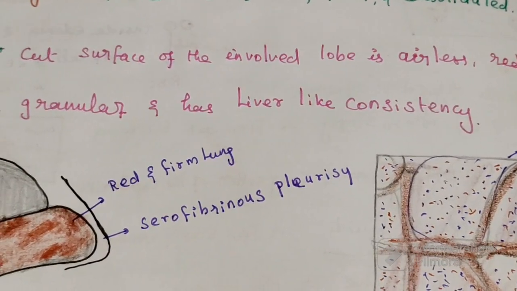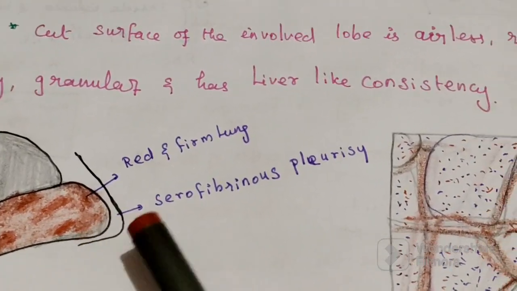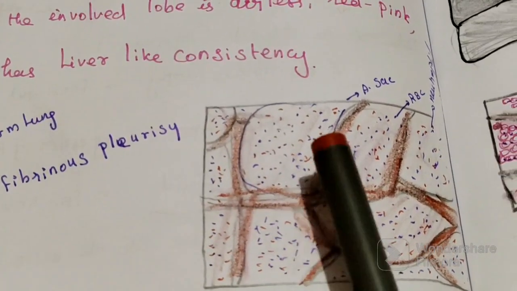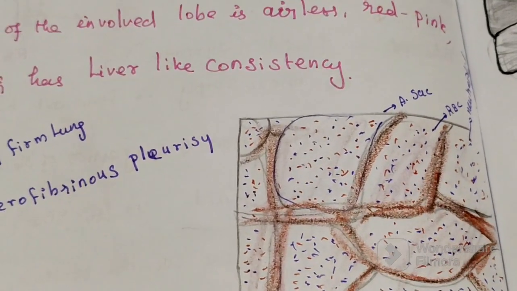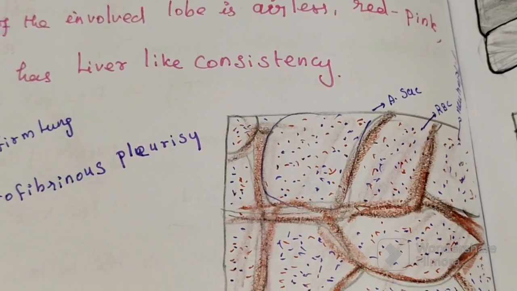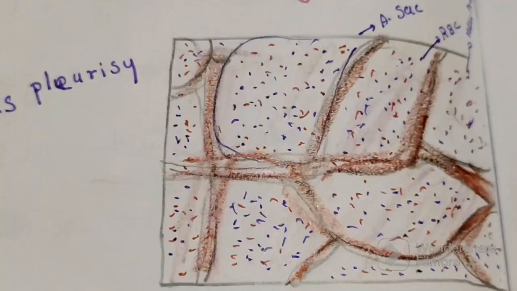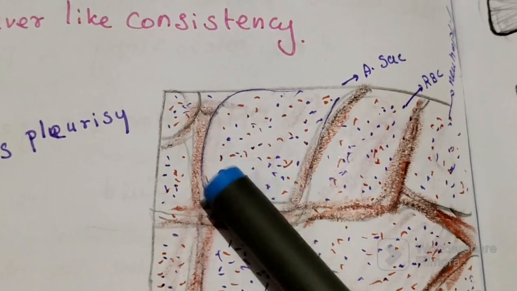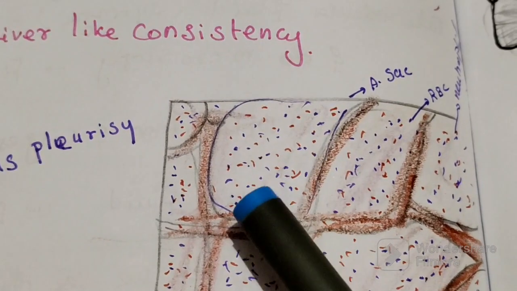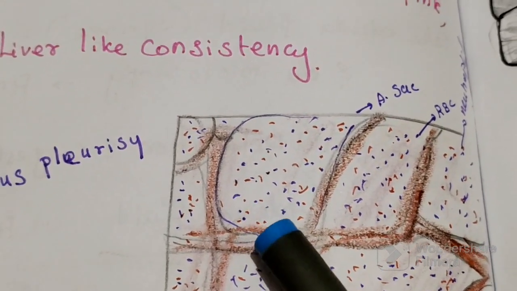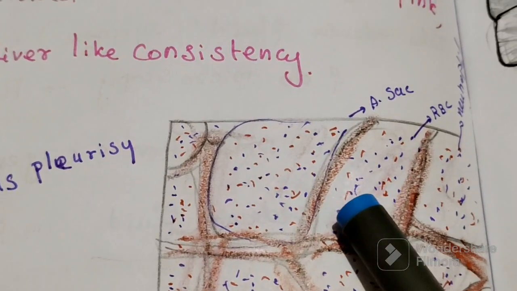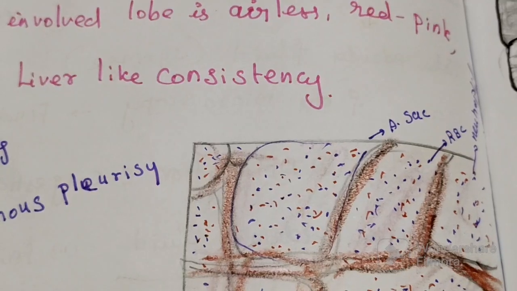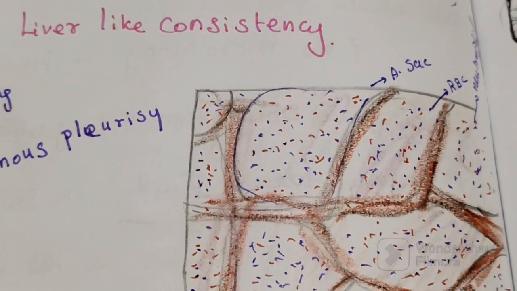If we cut this, this is the microscopic view. Here abundant RBC and neutrophils are present. It is filled with exudates. Again see, this is the alveolar sac in a balloon-like diagram. Inside this balloon we can see many RBC and neutrophils. In stage 1 there are few, but in this stage there are abundant.